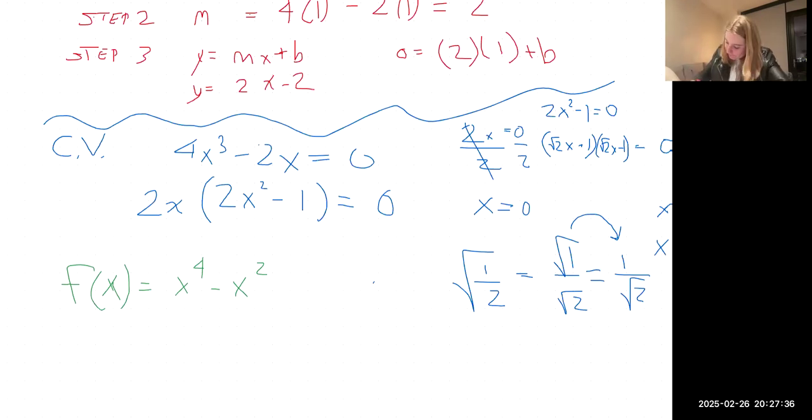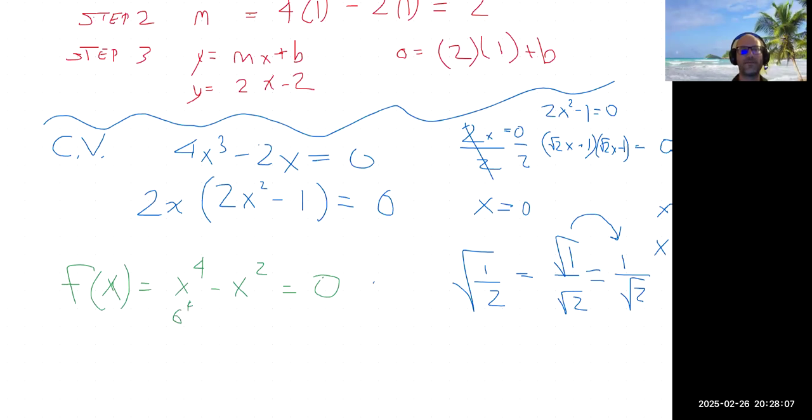That looks good. 0 to the 4 minus 0 to the 2 is just 0. So y equals 0. That's right. So that's where we get our 0, 0.